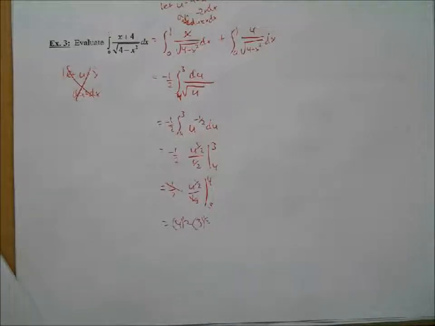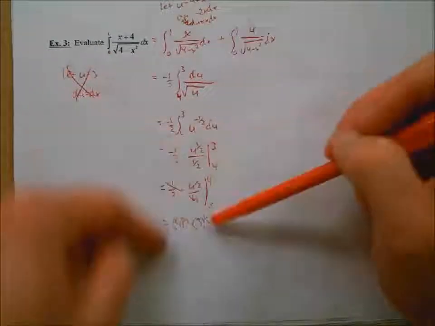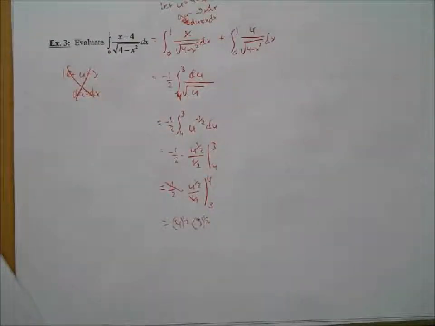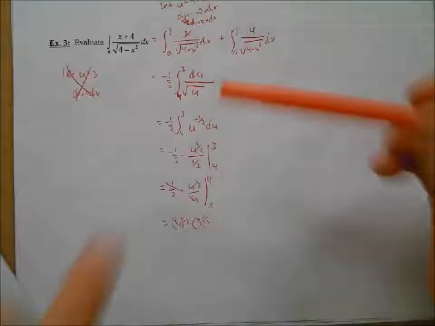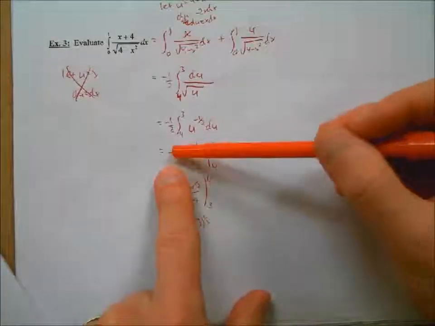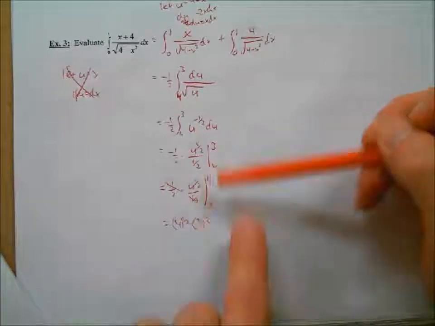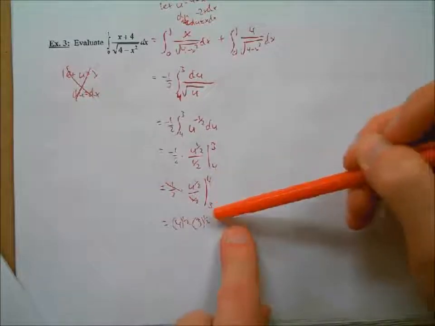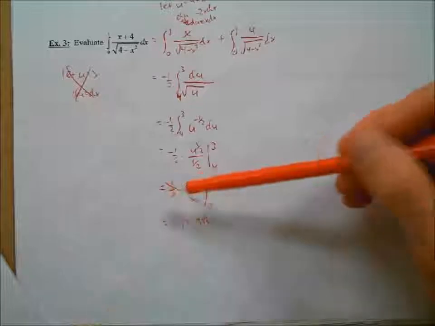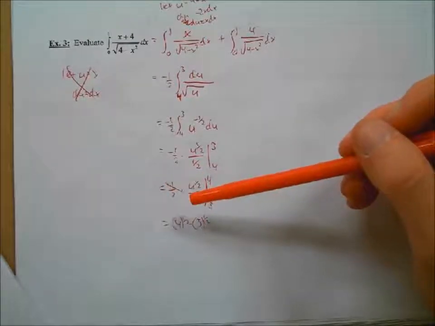So again, just trying to take care of this one thing. If you notice here, it was negative 1/2 times u to the 1/2 over 1/2 from 4 to 3. I then flipped my limits of integration from 3 to 4, so when I do that, it's just the opposite. You don't need to do that, though.